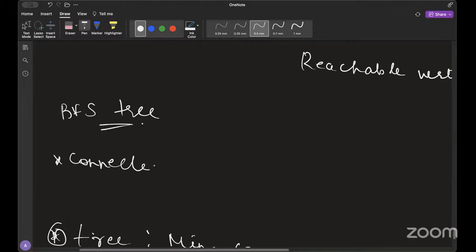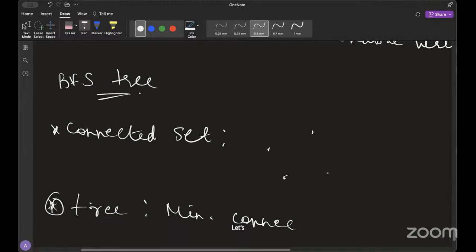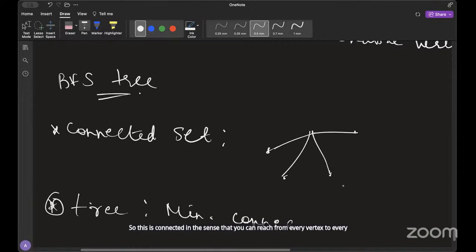Let's say you have this. This is connected in the sense that you can reach every vertex from every other vertex. We say it's connected.